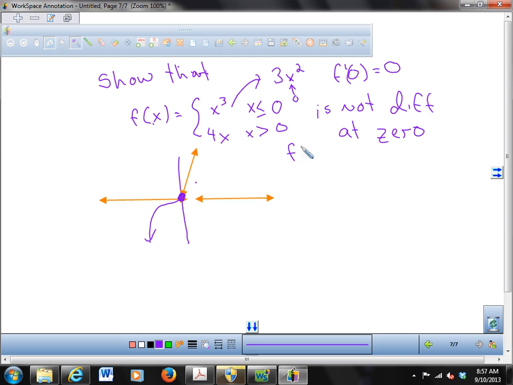And f prime of 0 coming from the right, this one is coming from the left and this one is coming from the right, what's that equal to? 4, right? Because this is a line where the slope is always 4. So because these are not the same, it's not differentiable.